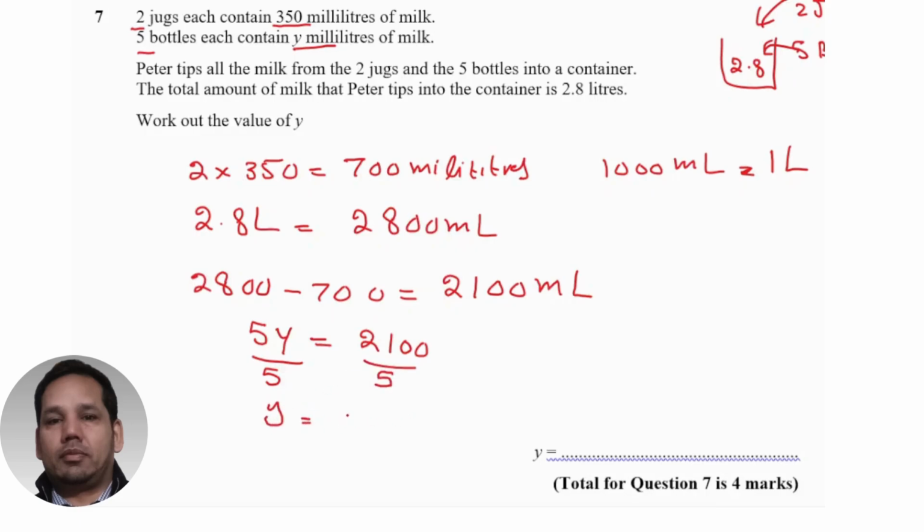We are allowed to use a calculator, and we will get here 420 milliliters. So in each bottle we have 420 milliliters of milk. Okay, this is a 4-mark question. If you're done up to question number 7, your total score would be 30 marks, guys. Not bad.